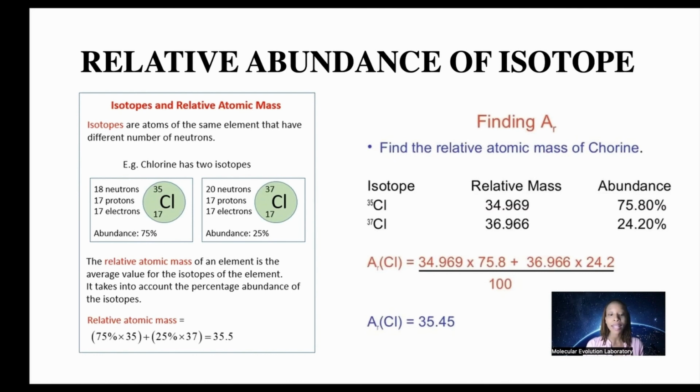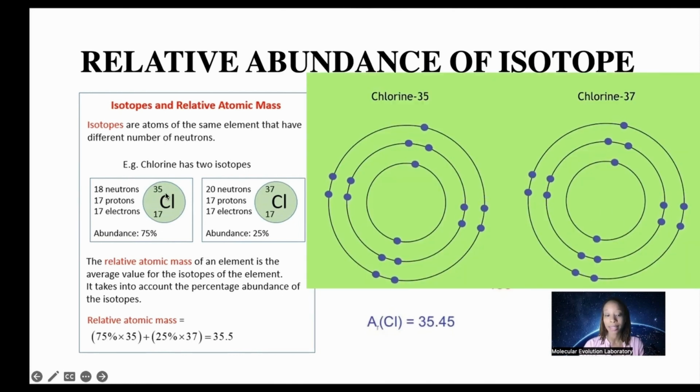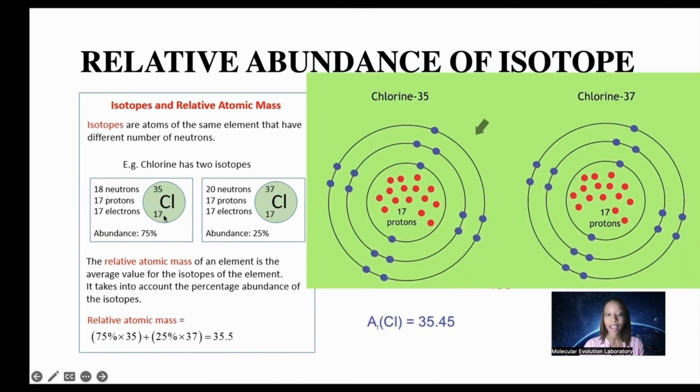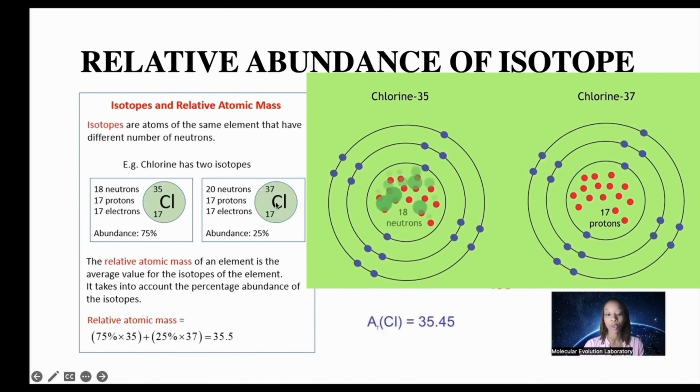The relative atomic mass of an element is the average value for the isotopes of the element. It takes into account the percentage of abundance of isotope. So it's basically saying that 75% of chlorine atoms exist as chlorine 35, while 25% exists as chlorine 37.